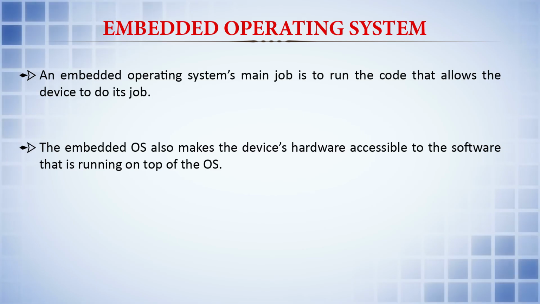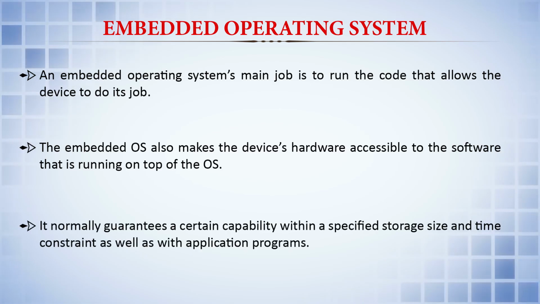In the case of embedded operating systems, some of these functions always exist. However, that depends upon the system that it is working with. It normally guarantees a certain capability within a specified storage size and time constraint, as well as with the application programs.